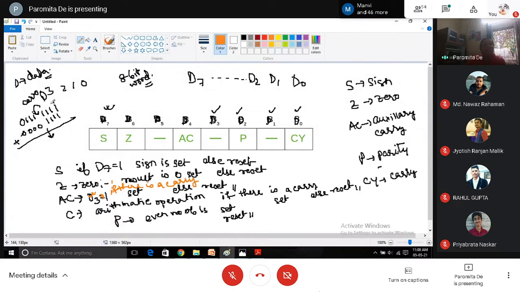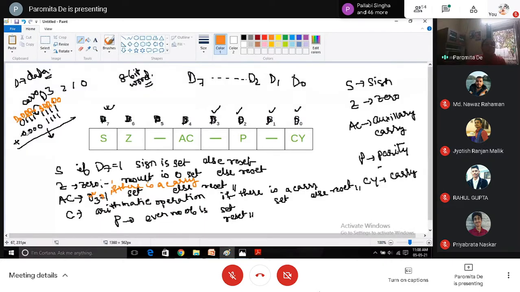That is why I gave this example. In this example, D0, D1, D2, D3, then D4, D5, D6, D7 data.